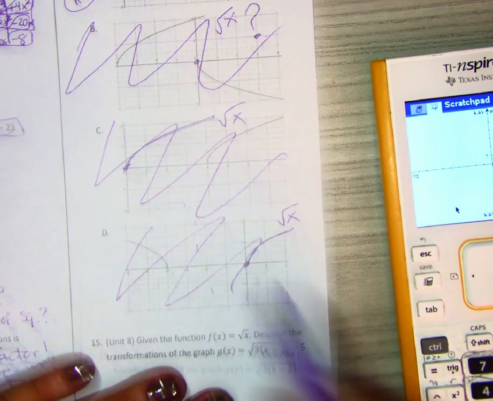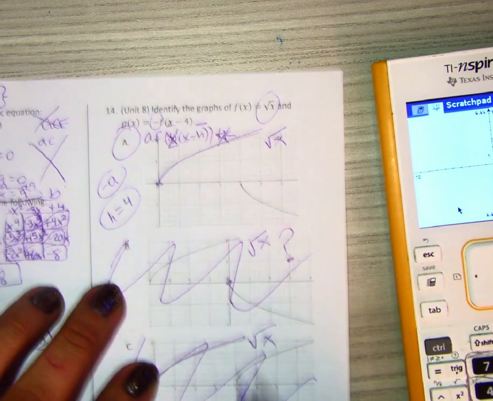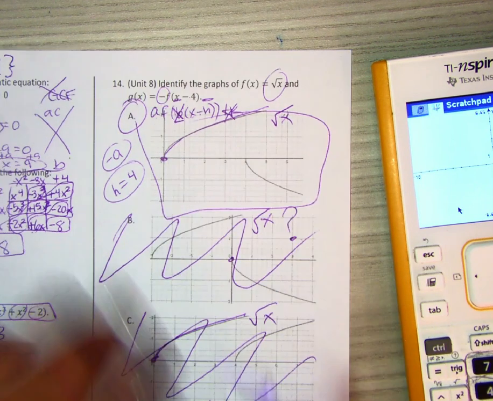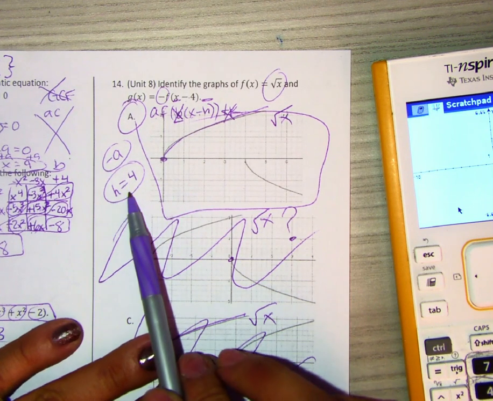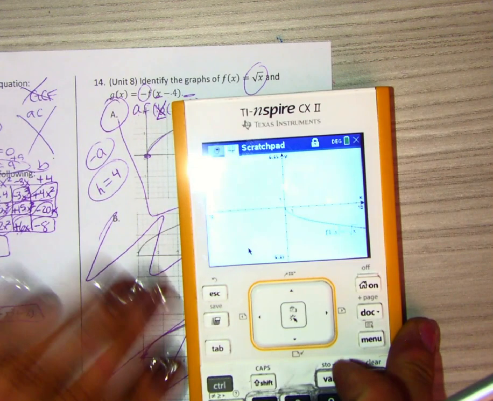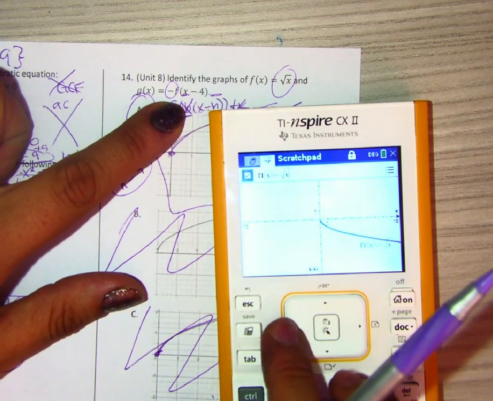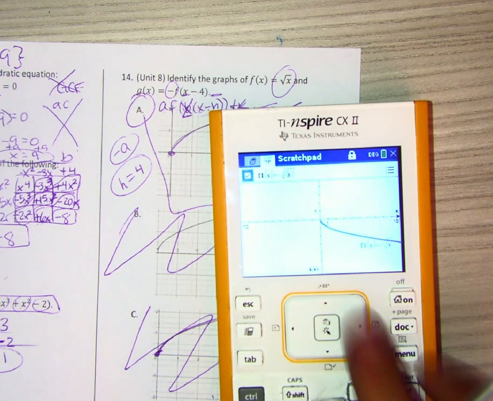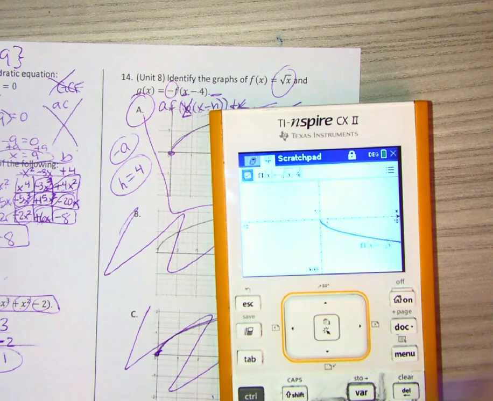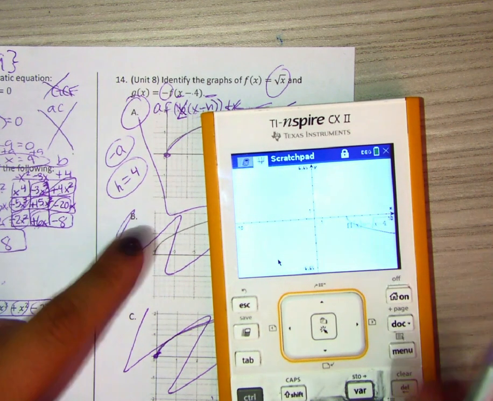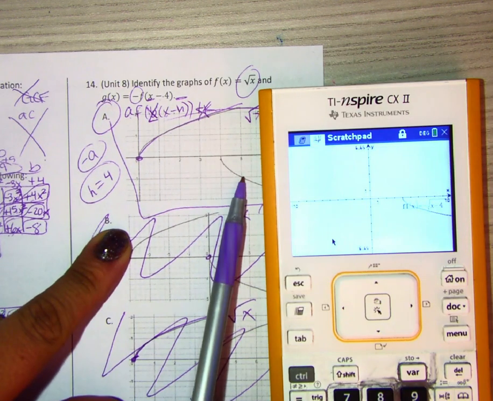We don't want that. So that results in the letter A being the answer. And it's all just based on these descriptions along with graphing it in the calculator. You can just go back and finish putting the other part, which is x minus 4. And you notice that is matching that because it moved 4 spaces to the right.